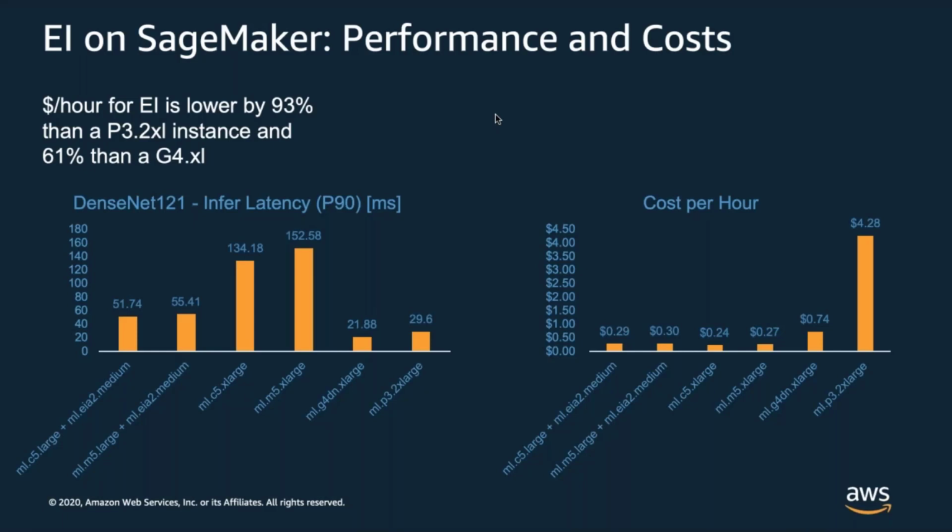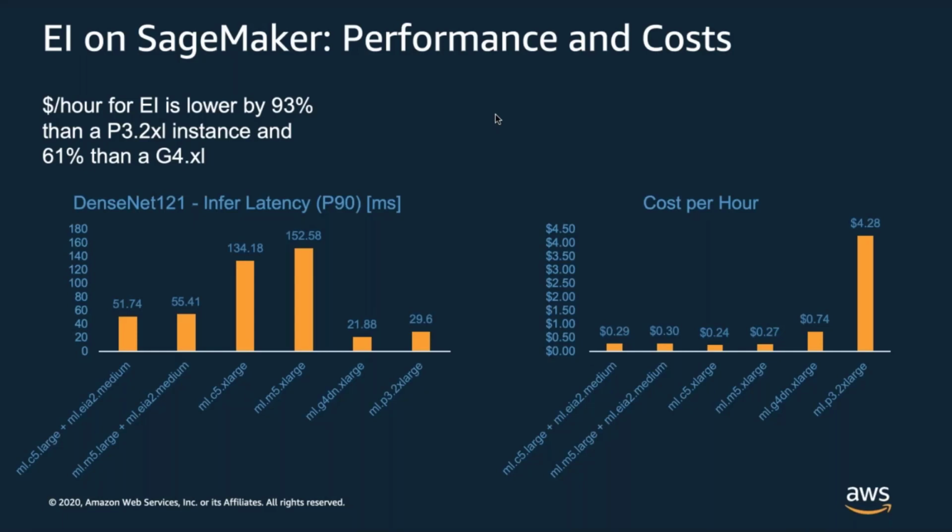To see that it lowers your cost, look at the cost per hour graph on the right. You can see that the per hour cost for EI is 93% lower than a P3.2xlarge GPU instance, which is the rightmost bar, and 61% lower than a G4dn.xlarge instance, which is the one next to that.